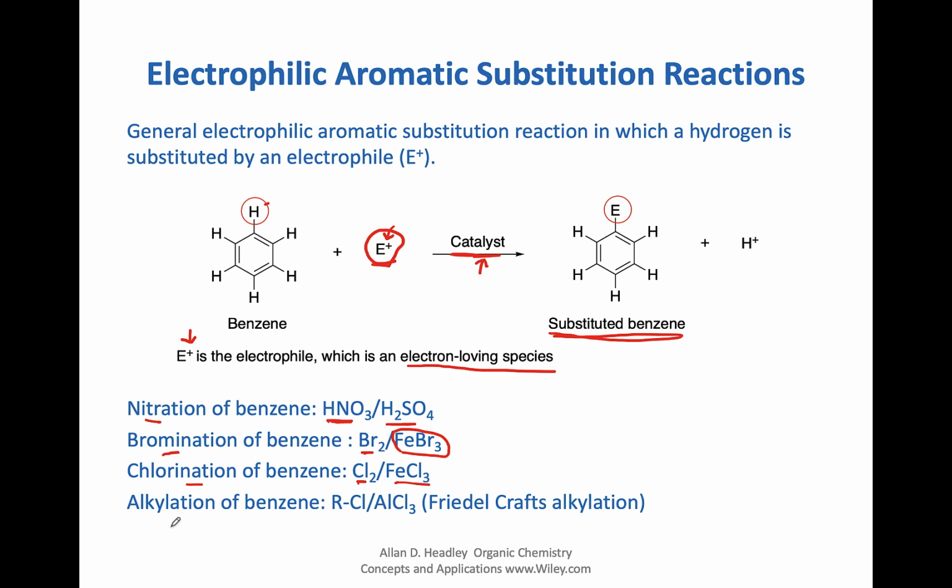And lastly, we looked at the alkylation, putting on an alkyl group R, or a carbon-containing alkyl group, with a catalyst, aluminum trichloride. And of course, that reaction was discovered by Friedel and Crafts, and now it's known as the Friedel-Crafts alkylation reaction.